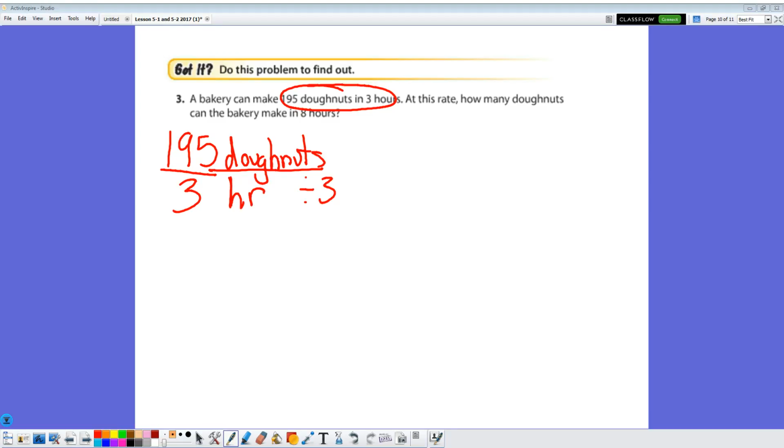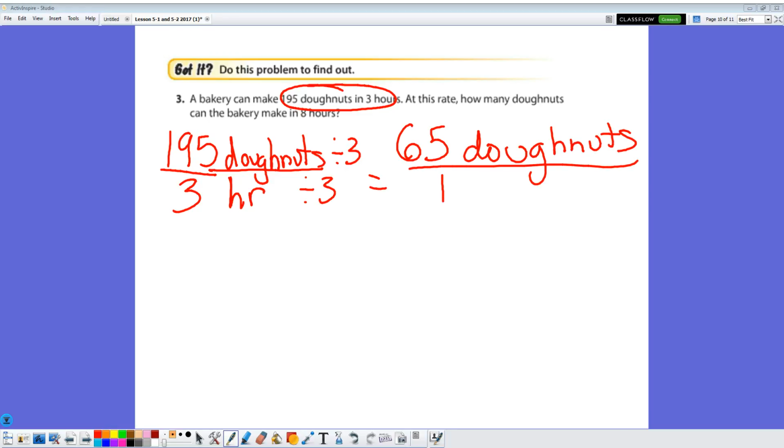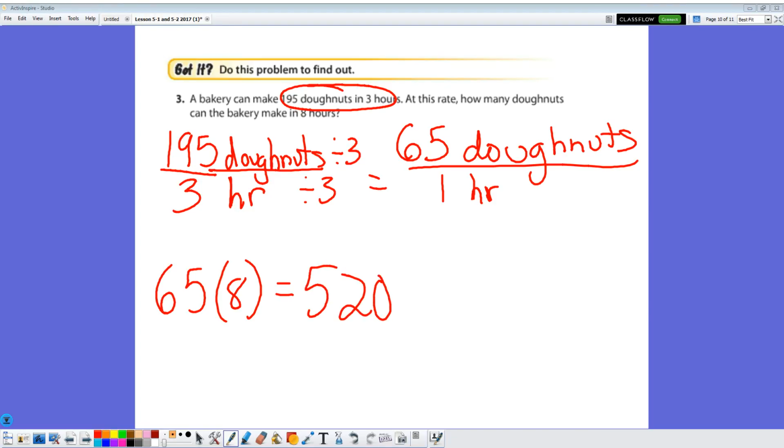And since I want to know how many donuts they can make in 1 hour, I'm going to divide the numerator and the denominator by 3. So I get 65 donuts per hour, or in 1 hour. Okay, so if they make 65 donuts in 1 hour, I now need to know how many they make in 8 hours. Okay, so I'm going to just multiply 65 by 8, and that's 520 donuts.